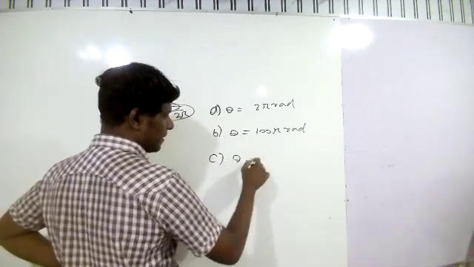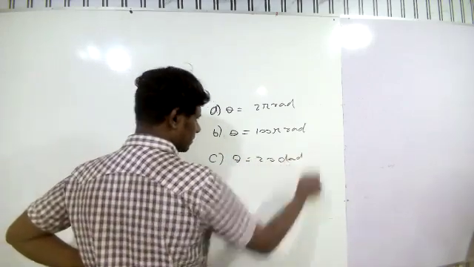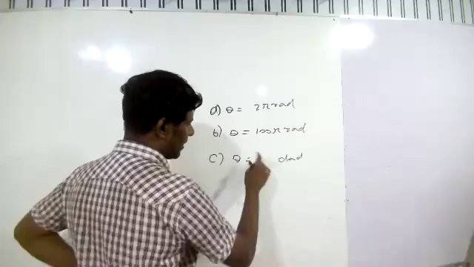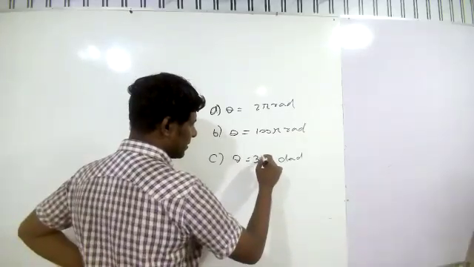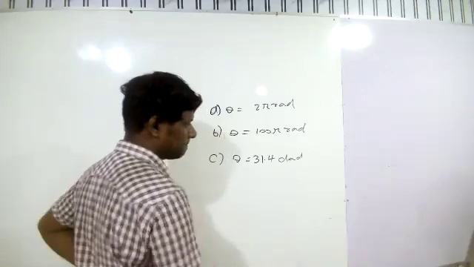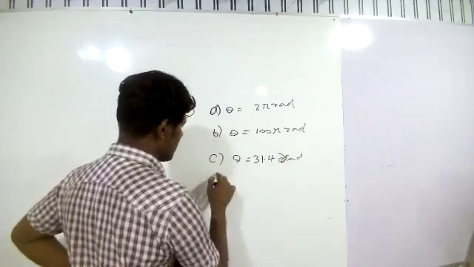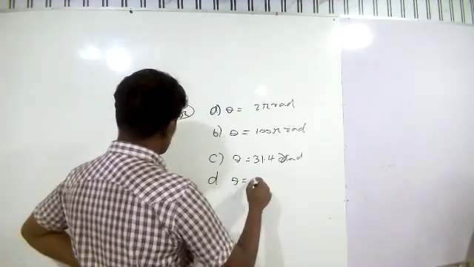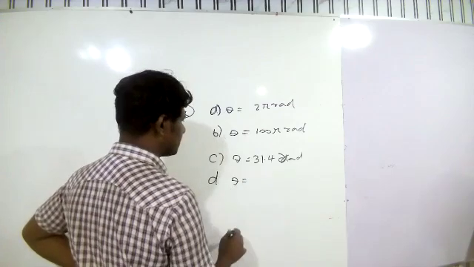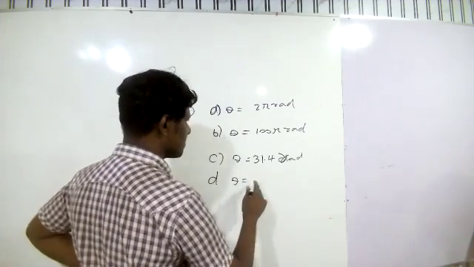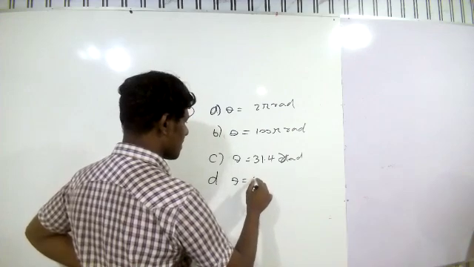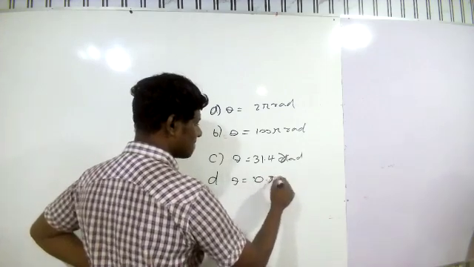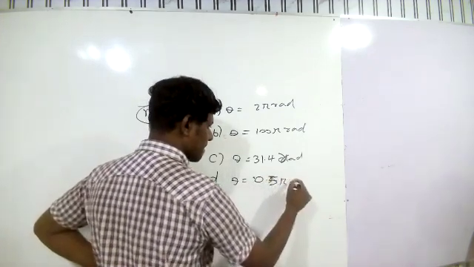20. Okay. So I will write like 31.4 radian. Theta equals to 0.5 pi radian.